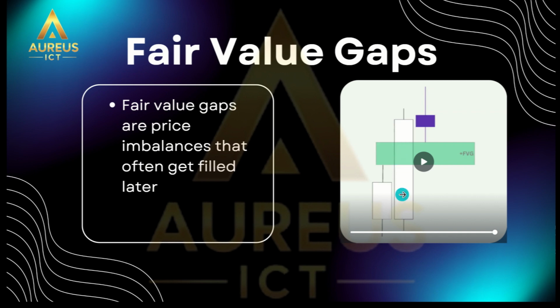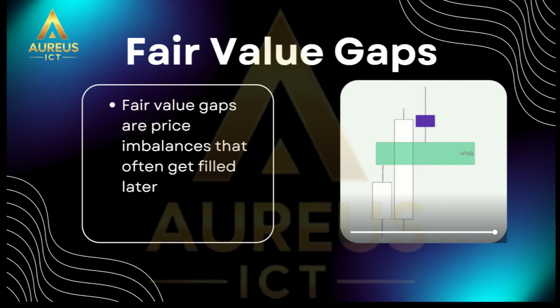In this case, it is a bullish fair value gap, so price pushed higher. And then candle number 3 has to have a low that does not touch the high of candle number 1, hence creating this space here. And now that is a fair value gap.